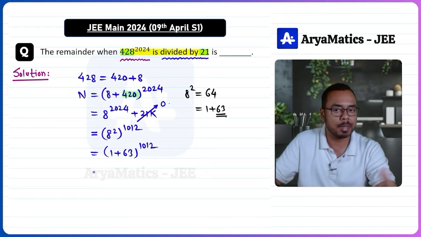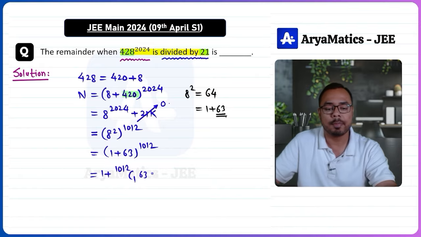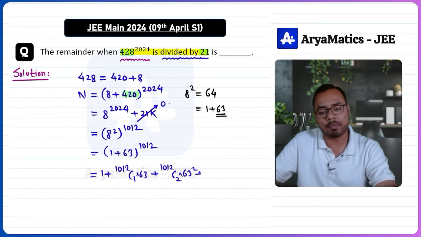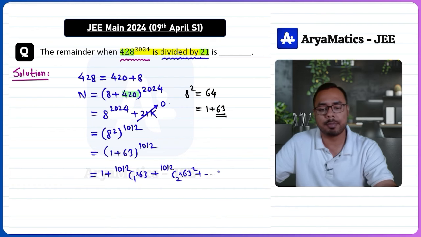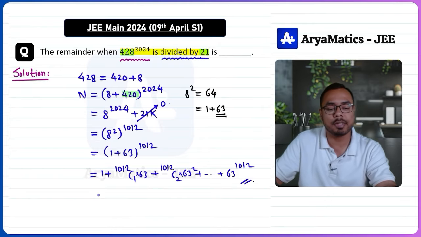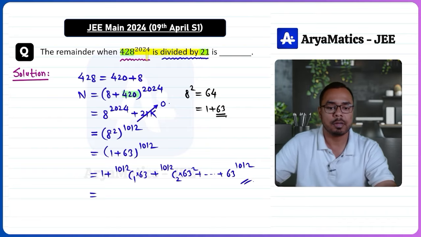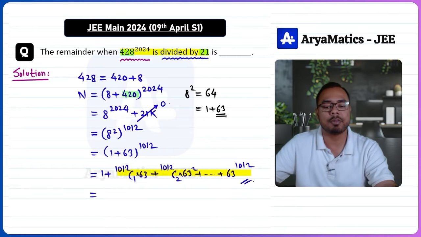Now you can see that if I expand it using binomial, then we'll get 1. The next term will be 1012C1 multiplied by 63. After that, the next term will be 1012C2 multiplied by 63 square. The last term will be 63 raised to 1012. Once you practice a binomial problem, you can directly see the answer. Except the first one, all the remaining numbers are multiples of 63, and 63 is a multiple of 21.